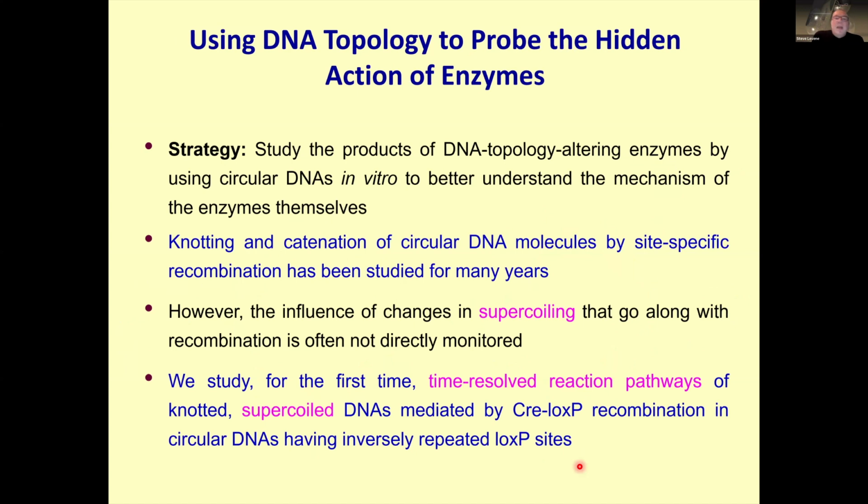Okay, so our strategy is to investigate DNA topology altering enzymes by using circular DNAs in vitro. And the idea here is to better understand the mechanisms of those enzymes themselves. The knotting and catenation of circular DNA molecules, of course, is well known and well studied. This is not something we invented. And in fact, Nick Cozzarelli and DeWitt have spent a good portion of their careers using these kinds of approaches to understand topological enzymology.